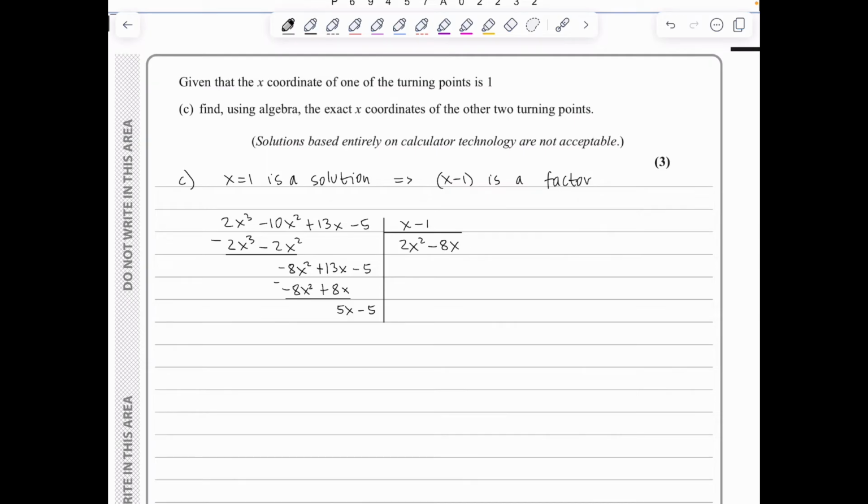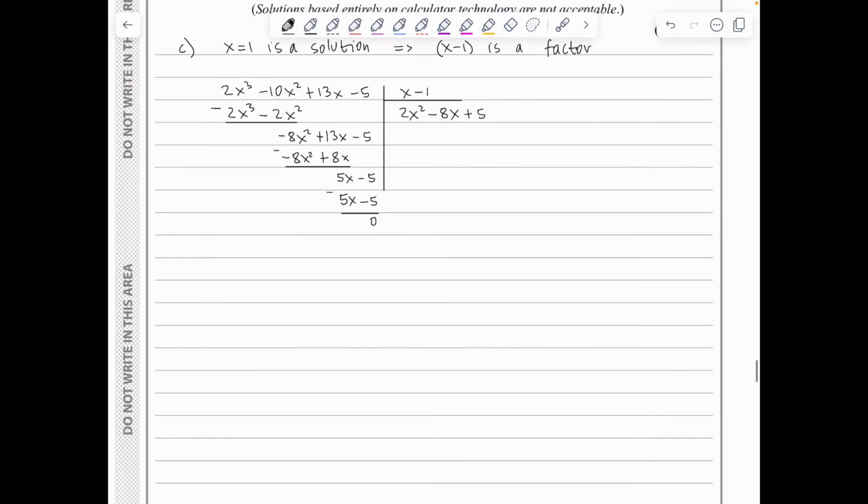So this time I multiply by 5, leading to 5x minus 5, and this gives a remainder of 0 as expected, which means that at the moment we've got that 2x cubed minus 10x squared plus 13x minus 5 can be factorized into x minus 1 times 2x squared minus 8x plus 5.